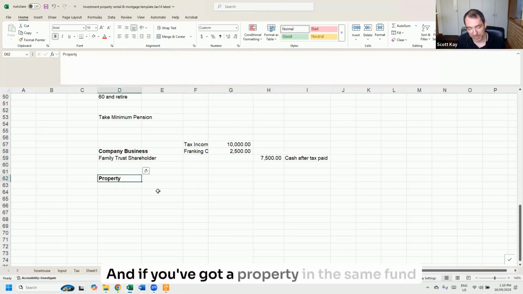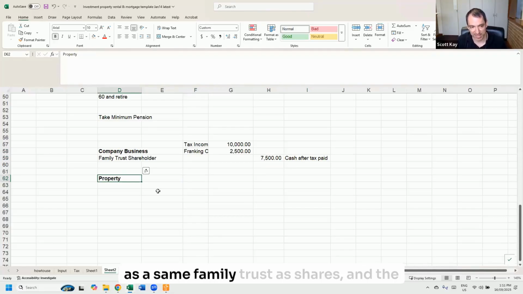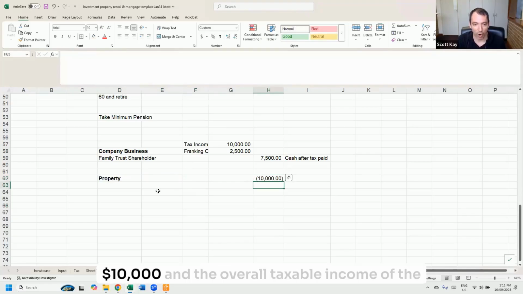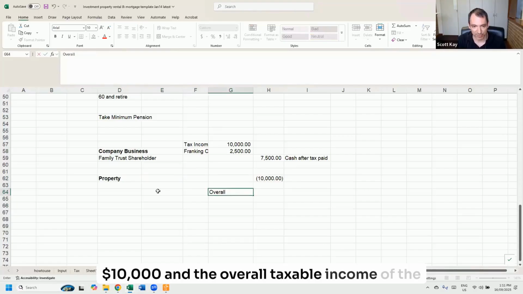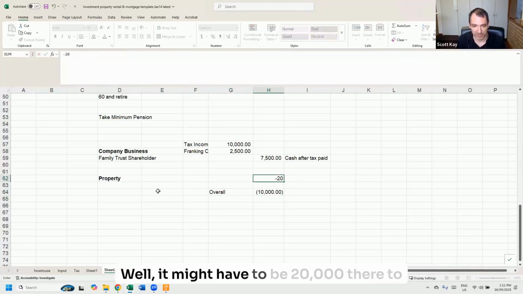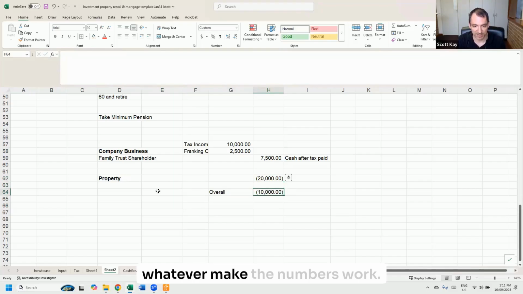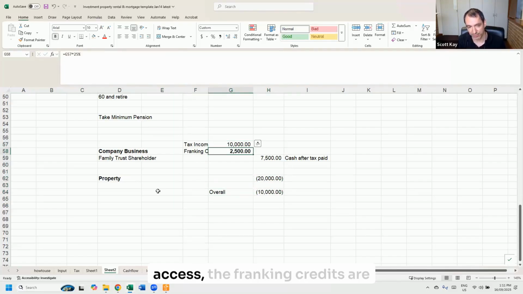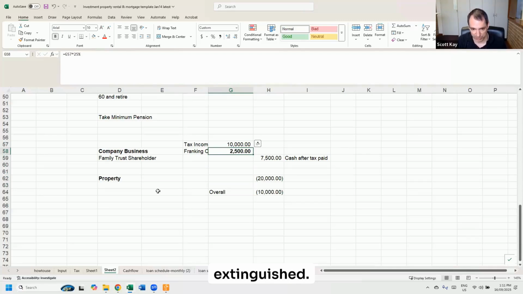And if you've got a property in the same family trust as the shares, and the property is a loss, let's say the property loss is $10,000 and the overall taxable income of the trust is negative $10,000. Well, it might have to be 20,000 there, whatever makes the numbers work. If you've got a loss in a trust, you lose access. The franking credits are extinguished.